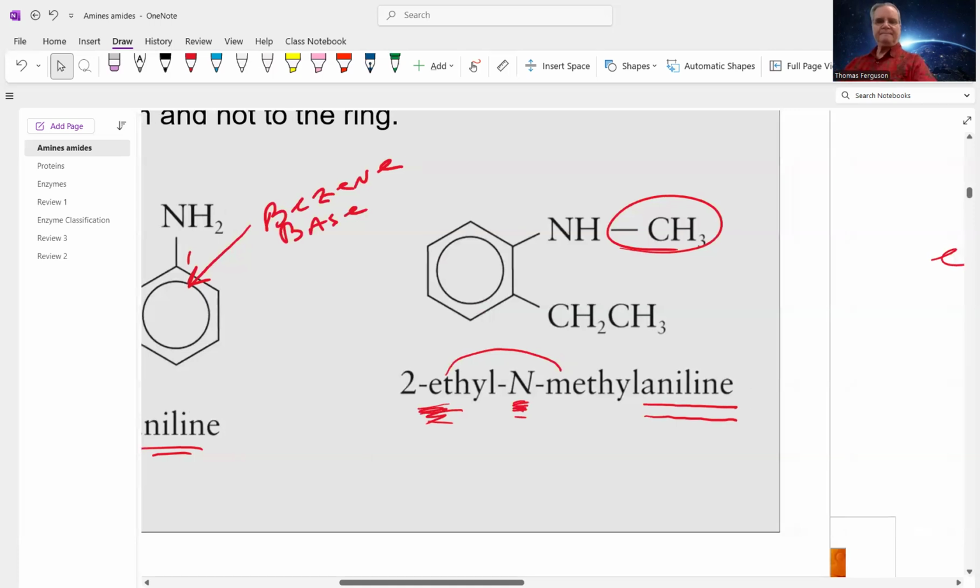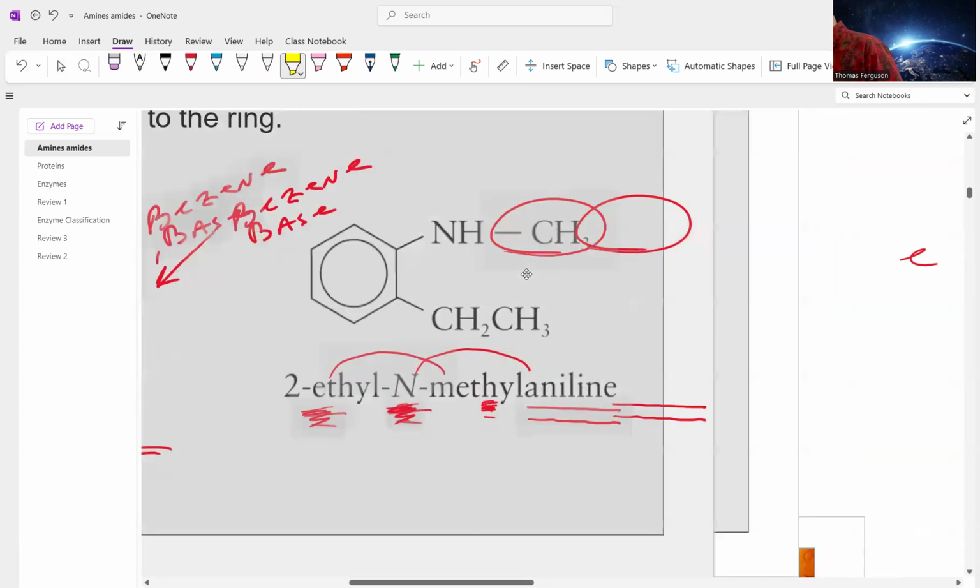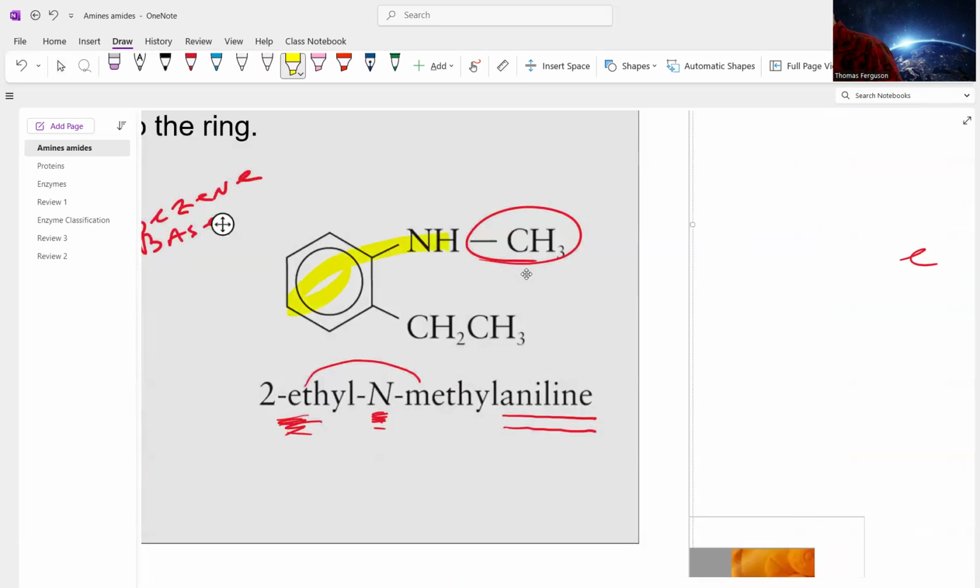Let's look at this guy here. So that's going to be our base. And we've got a branch off the nitrogen, so we have to have an uppercase N there to signify there's a branch off the nitrogen, and then we have a branch off of the ring.